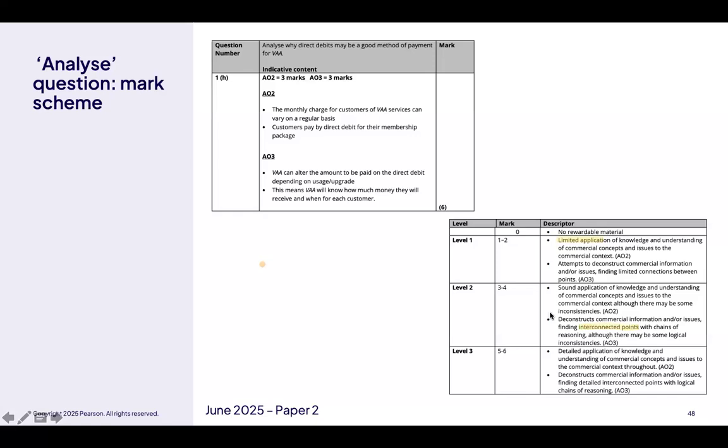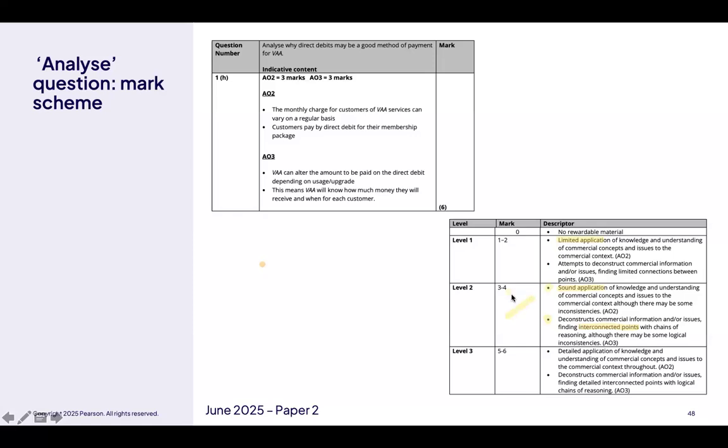Yes, it does. So for AO3, it is in the level 2 band. It's probably just a little bit better than limited application. It might not be quite sound application, but it's probably better than that. And the examiners felt it was level 2 for application as well.